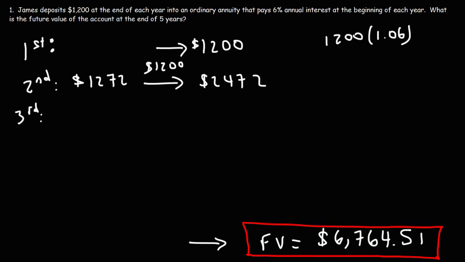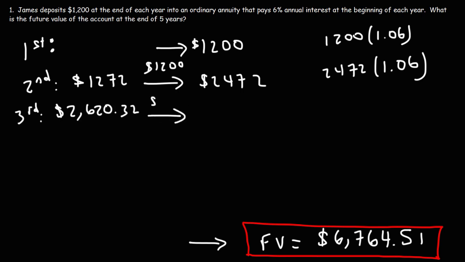Now to calculate the account value at the beginning of the third year, we need to take 2,472 and multiply it by 1.06. And so at the beginning of the third year, his account value will be $2,620.32. Now he's going to make his third annual deposit of $1,200.